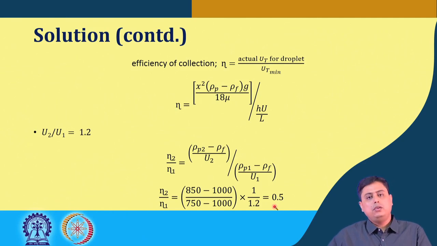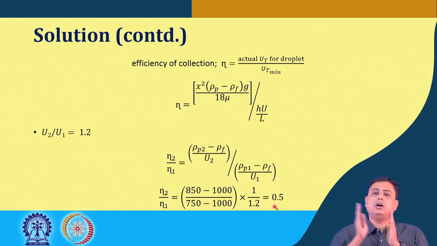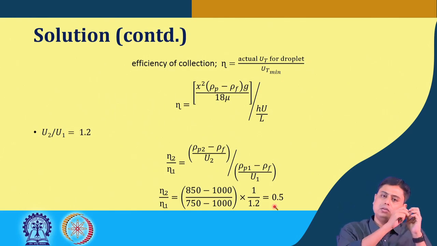So, if we increase the water throughput by a factor of 1.2 and increase the density from 750 to 850, we have a decrease in collection efficiency of 50%. The reason must be very clear to you: once you increase the fluid velocity, the assumption is that there is no relative motion of the droplets in the horizontal direction, which means the droplet is also moving now faster.